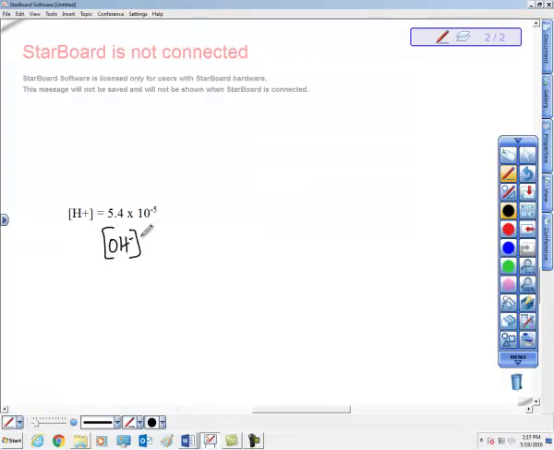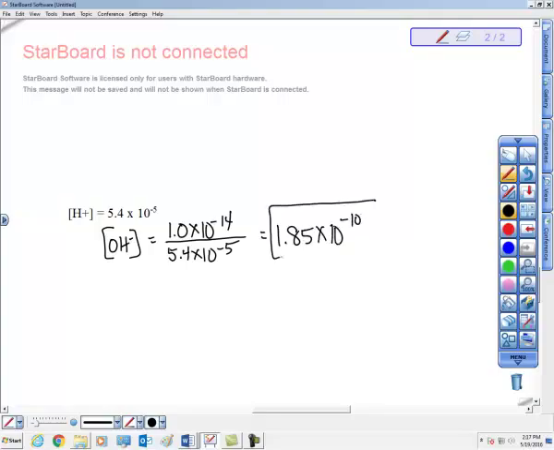There's a formula: you say 1.0 times 10 to the negative 14 on the top, and you divide it by your H plus ion concentration, which is 5.4 times 10 to the negative 5. On my calculator, I'm hitting 1e negative 14 divided by 5.4e negative 5. I got 1.85 times 10 to the negative 10. All right, so there's the OH ion concentration.